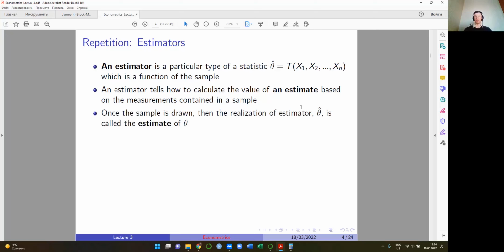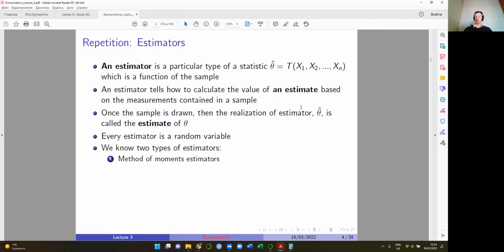When we draw a sample, the realization of this estimator is called the estimate of theta. And every estimator, please remember, we are talking about this all the time in statistics, every estimator is a random variable. At this moment, we know two types of estimators: method of moments estimators and maximum likelihood estimators. I hope you remember that those two types of estimators are derived based on different methods.